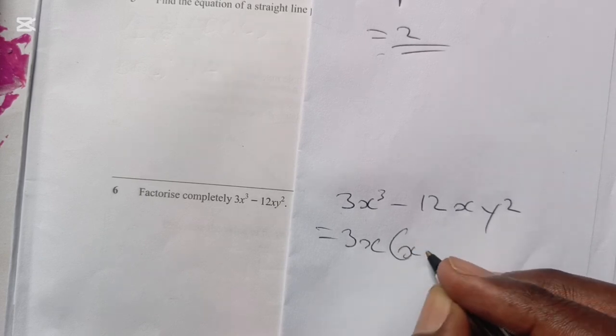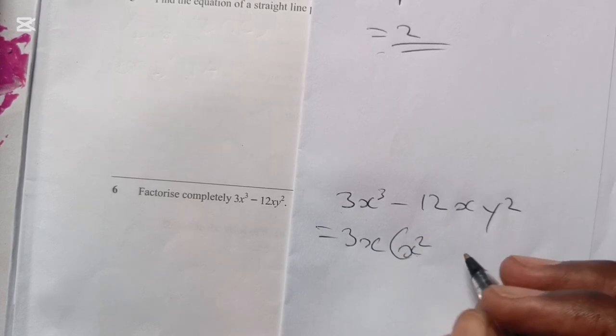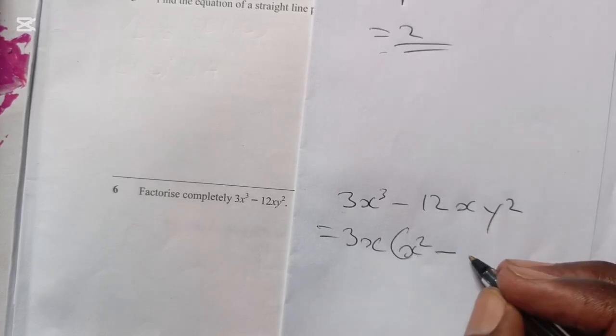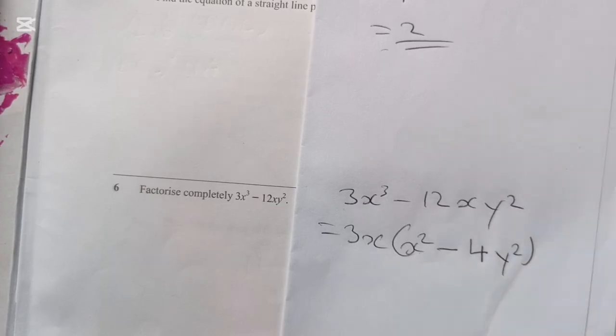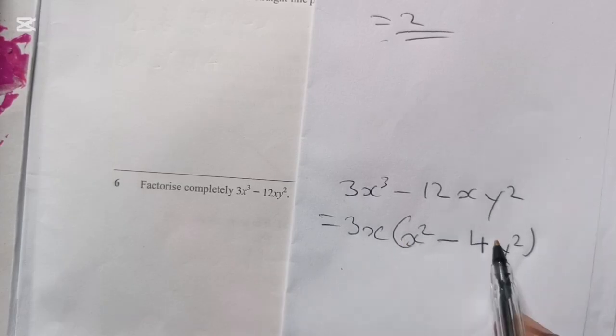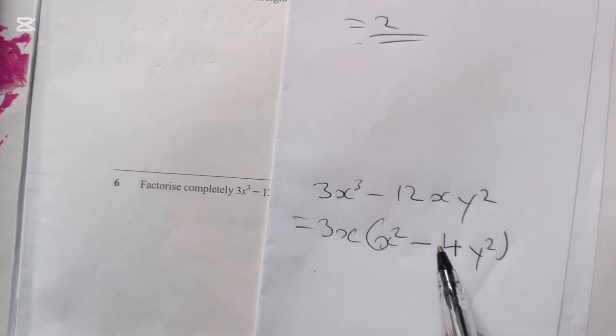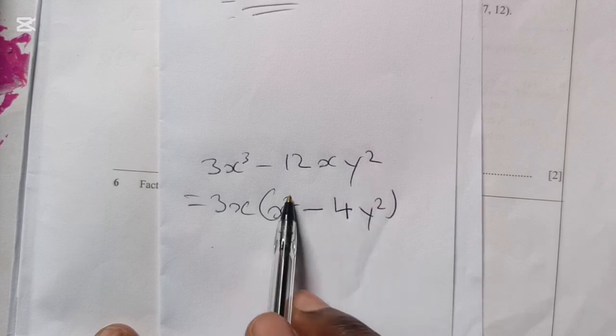So here we can say x squared, then minus, we can say 4y squared. Okay, so from here, since we have 2 squares again here, guys, you can see we have squares inside, so it cannot end like this.